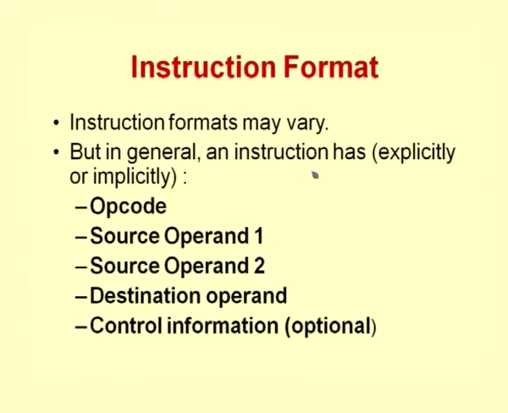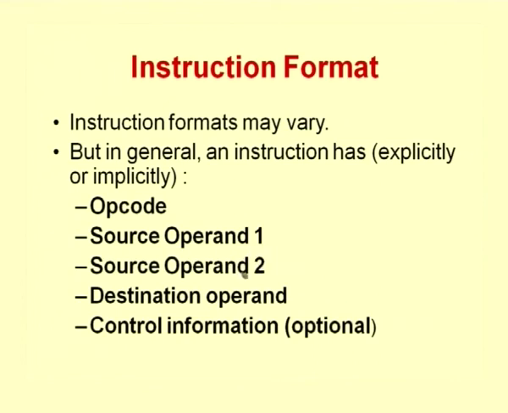Okay. Let us look at what an instruction format would look like. Instruction formats in general would vary, that is, different processors may have their own instruction formats, but in general you will find that an instruction would have the following features. Explicitly or implicitly there will definitely be an opcode which specifies the operation to be performed, and then the source operands. Obviously, you are doing some work on some data. So, what are the source operands?